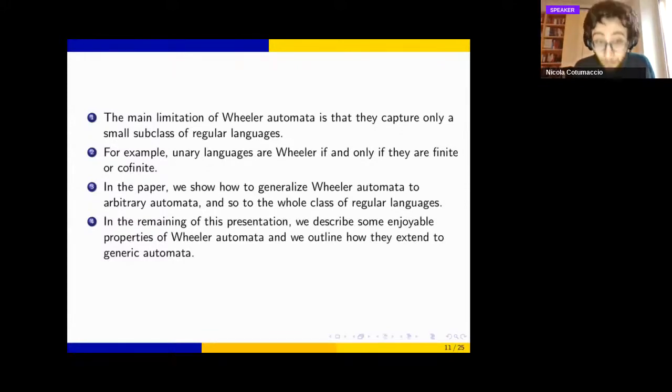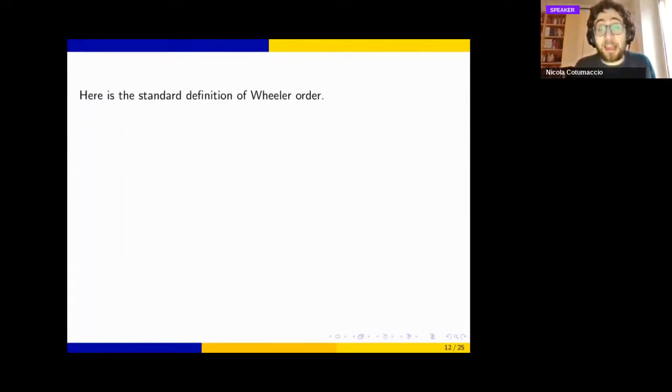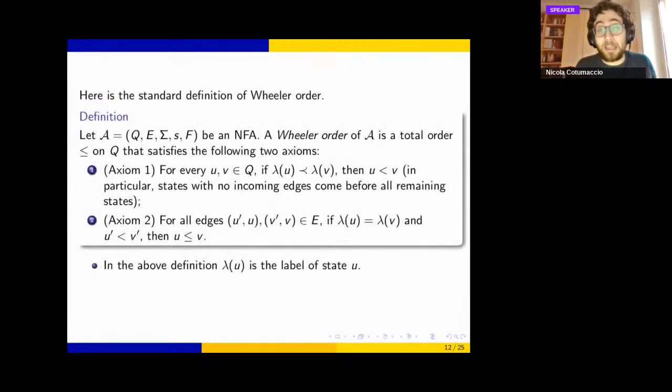And the answer is positive, is yes. And the intuition is the following. In a Wheeler graph, what I require is a total order on the set of states. And this is just the formal way of writing the example that I presented earlier.